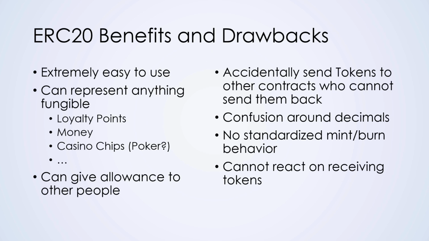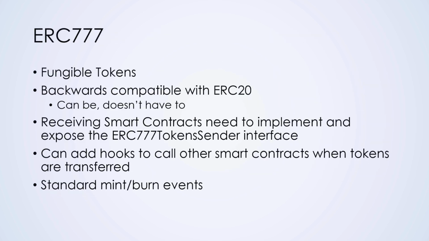You cannot do anything. And this is exactly where the ERC777 token comes in. It's the same, it's for fungible tokens. It's backwards compatible with ERC20. It can be backwards compatible. It doesn't have to be, but there's backwards compatibility.